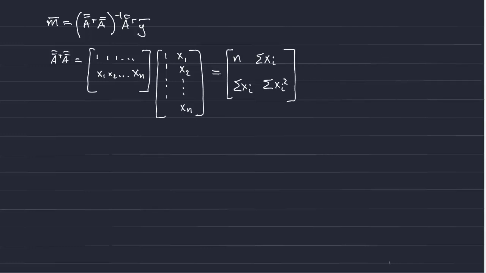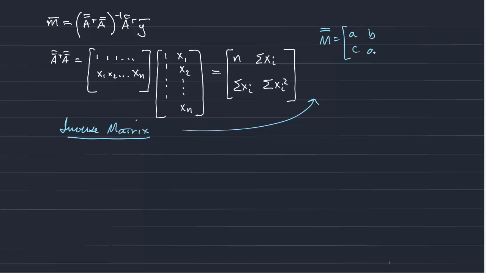So now let's look at the inverse matrix. In general, if we have a matrix capital M of A, B, C, and D, for example, I'm going to show you the inverse of a 2 by 2 matrix.